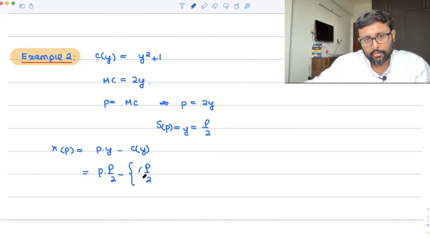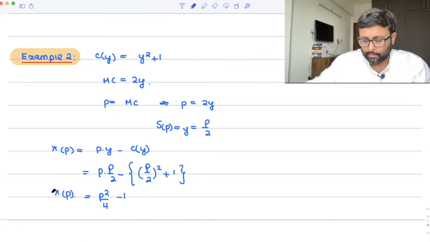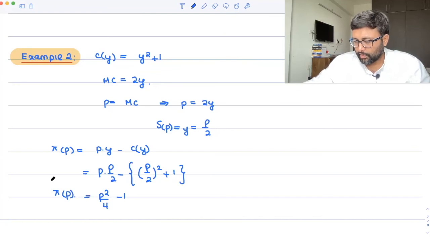So it is y square, that is (P by 2) whole square plus 1. When you calculate this, you will get P square by 4 minus 1. This is what pi(P) is.